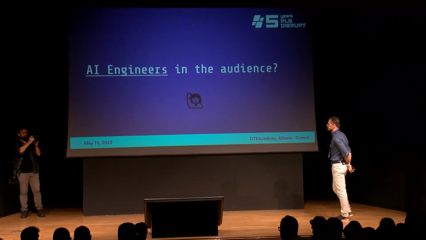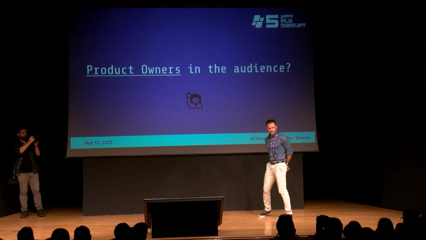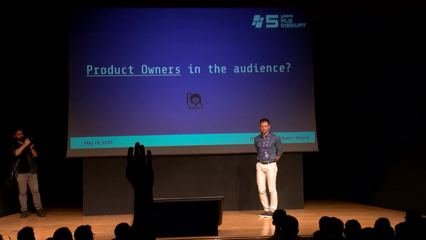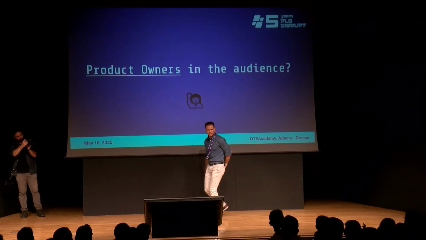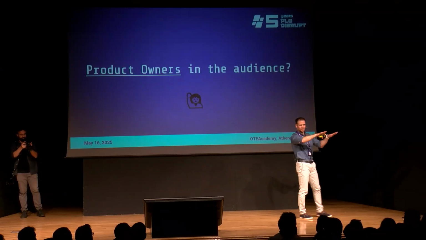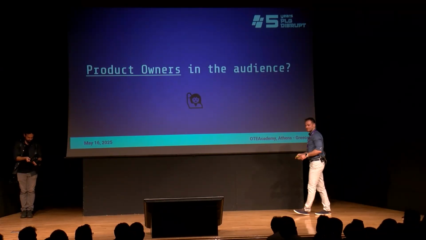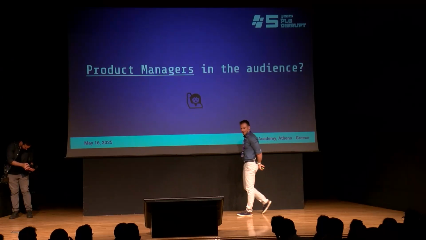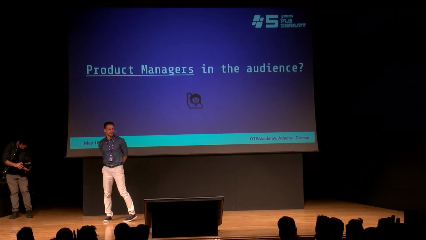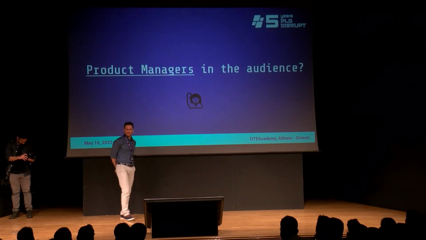Nice. How many product owners do we have? Great. Nice. There's a pattern, actually. For some reason, product owners are together. Engineers are together again. That's good. How many product managers do we have? Okay. We have more engineers than product managers.